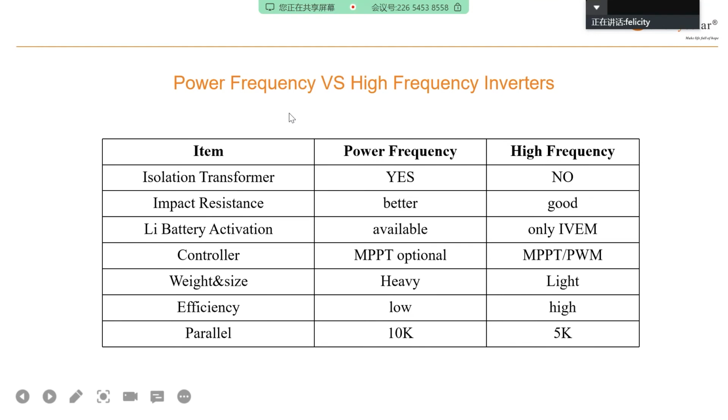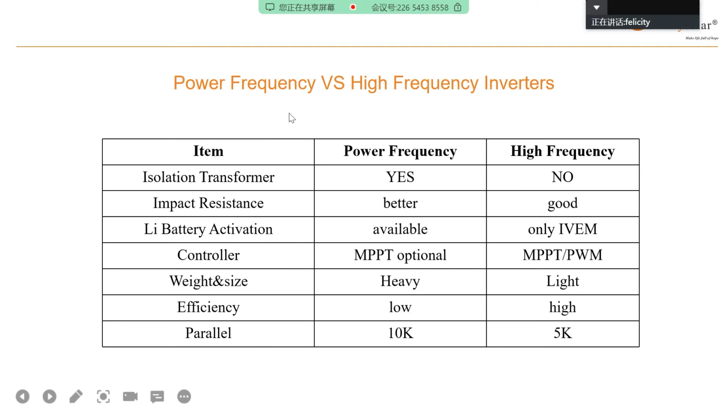Because installers or customers need to choose the proper inverter for their home or for any place where they need to use this system, right?